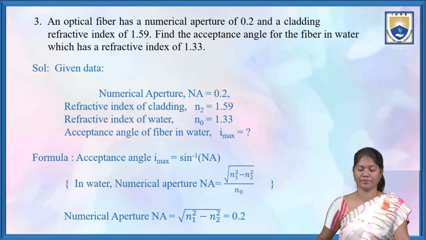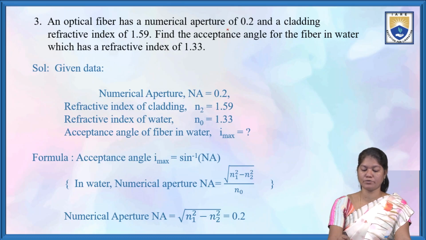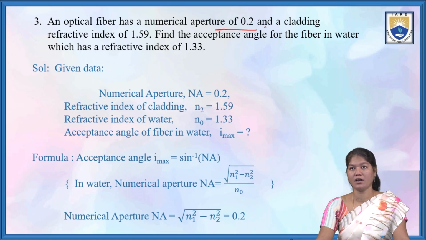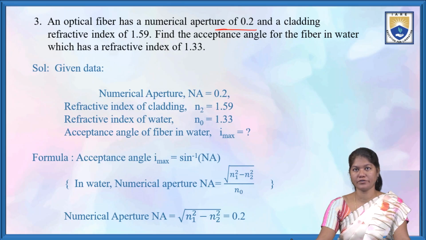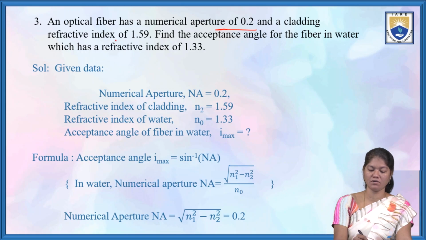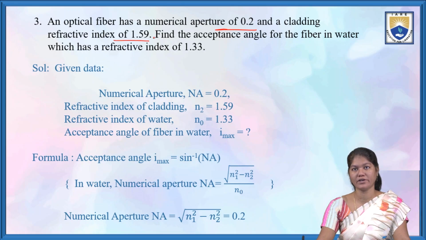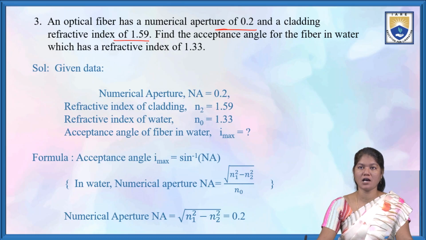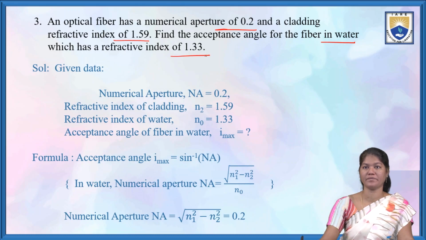Next problem. An optical fiber has a numerical aperture of 0.2 and a cladding refractive index of 1.59. Find the acceptance angle for the optical fiber in water, which has a refractive index of 1.33.